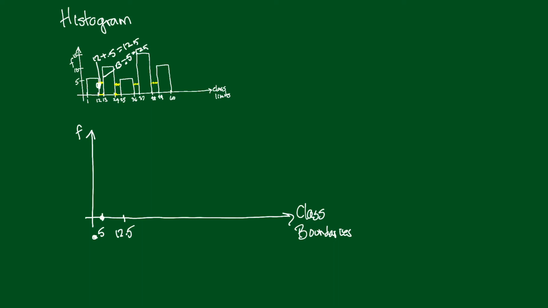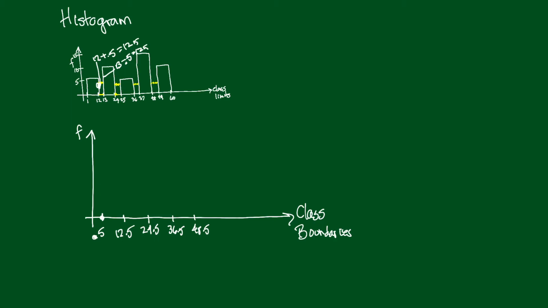Well, I want that. All right, so here's the first class. Then 12.5 up to, all right, what's the next one? I'm up here at the top. 24 and add a half, that's our boundary, so that's 24.5. Then the next boundary is 36.5. Then 48.5.